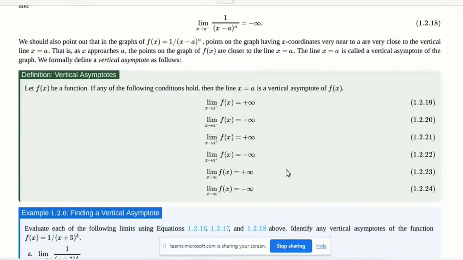This is a mistake, the first one should be positive. Do we agree? Yes. And then the second one, x approaching a from the left, as Chanda has already explained, is negative infinity.